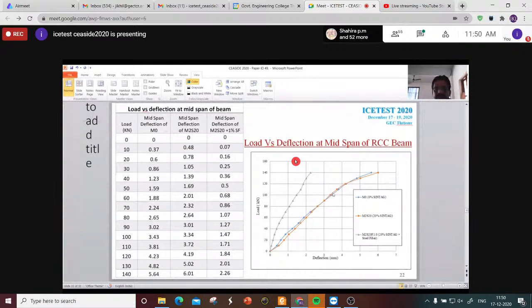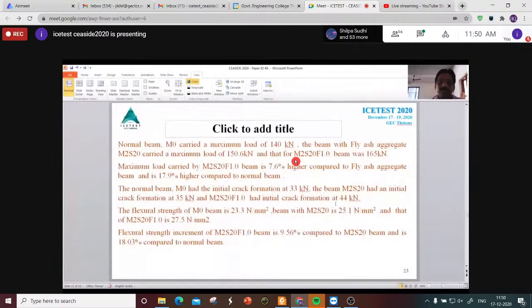That is the advantage of adding fibers in concrete. So here we can see the addition of sintered fly ash aggregate has not affected the deflection properties of the high performance concrete. So it is not in any way defective compared to the other concrete.